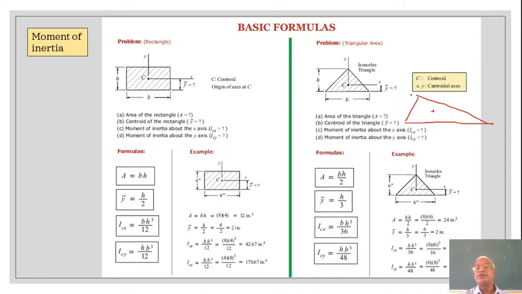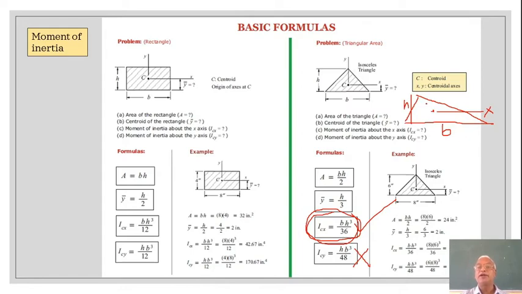Say the height is H, the base is B. Then if I run the centroidal axis CX, then this formula holds good. ICX, because the axis is parallel to the base, B H cube by 36 is a general formula always applicable. But if you take an axis like that, this is not applicable, right? Only in isosceles triangles it may be applicable, but for a general triangle it is not applicable.